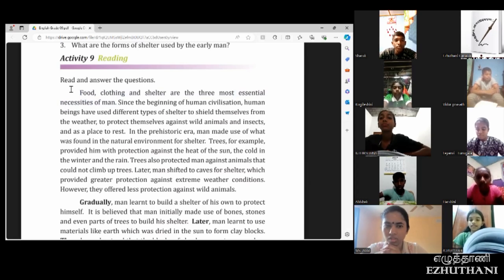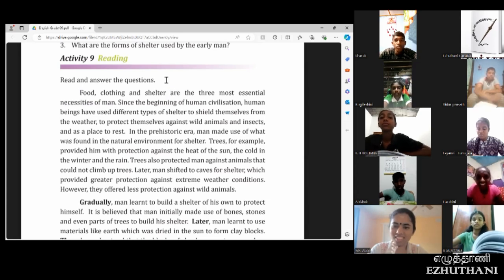Food, clothing, and shelter are the three most essential necessaries of man.